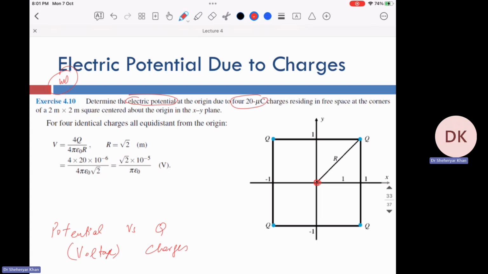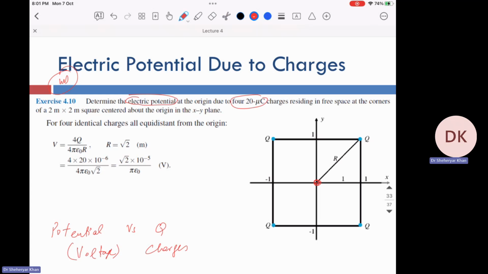So we can directly write down the voltage formula: V is equal to 4 times the voltage due to one charge. If you find the voltage due to 1, 2, 3, and 4, just add them together. There is no need for vector calculus because voltage is a scalar quantity. Voltage does not have any unit vector. So just solve it simply by adding the four values.